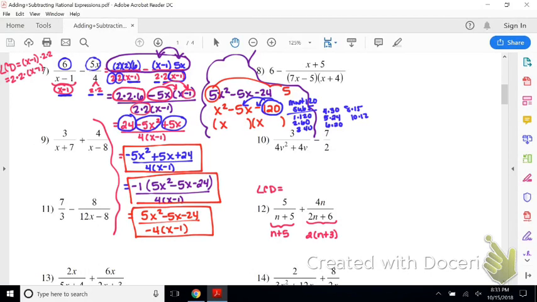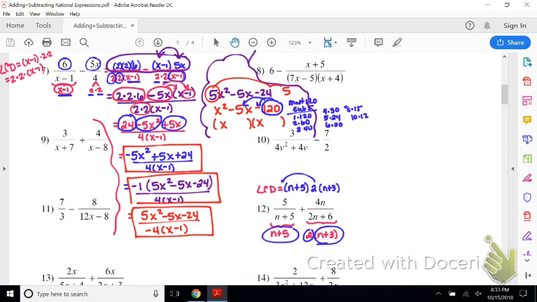So when I go to find my least common denominator, it's got to have an n plus 5, which I don't have anything, so I've got to put that. It's together, so put it in parentheses together. It's got to have a 2. It doesn't have that yet, so put a 2 by itself. And it's got to have an n plus 3. Does it have an n plus 3 yet? No, it doesn't, so go ahead and put the n plus 3. And so this is our least common denominator.